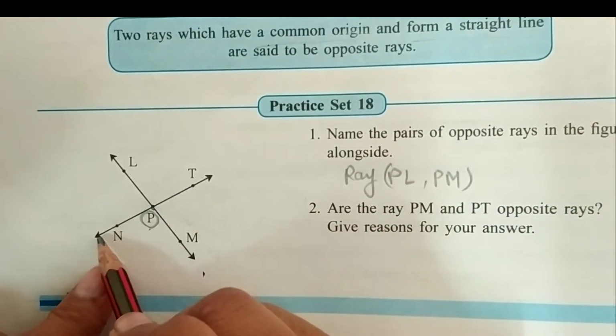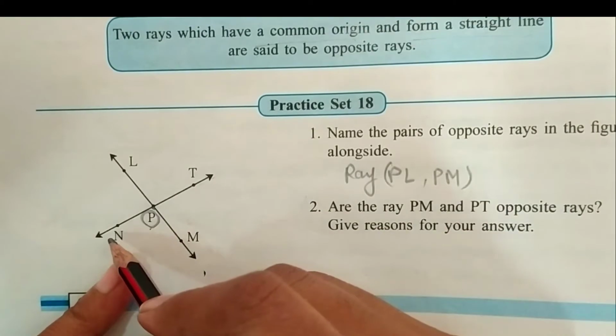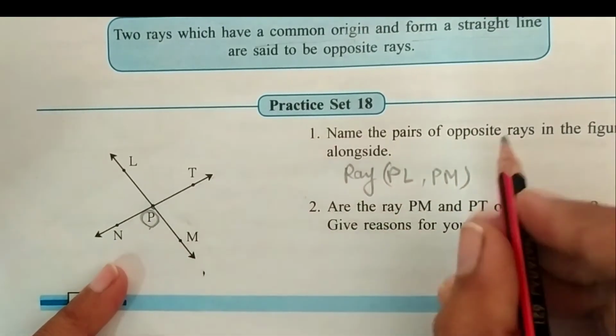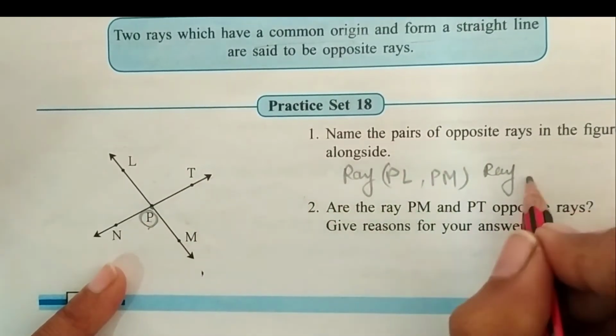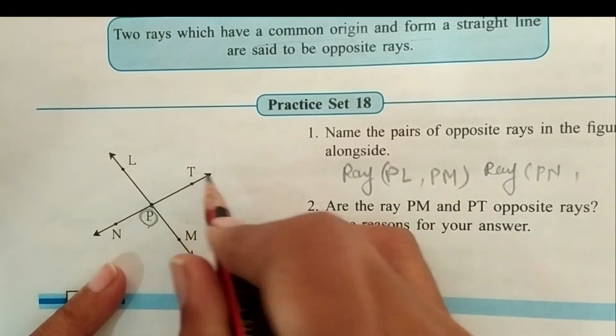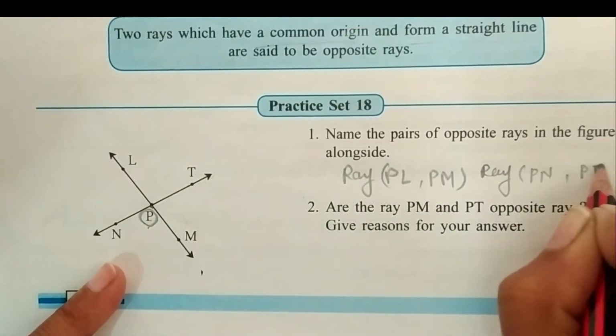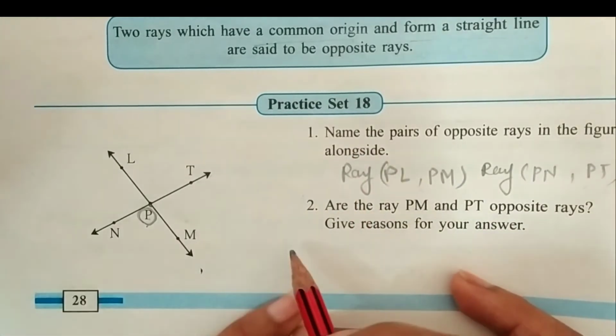Now we can see here another pair of opposite rays: ray PN and ray PT. This is our answer for the first question.